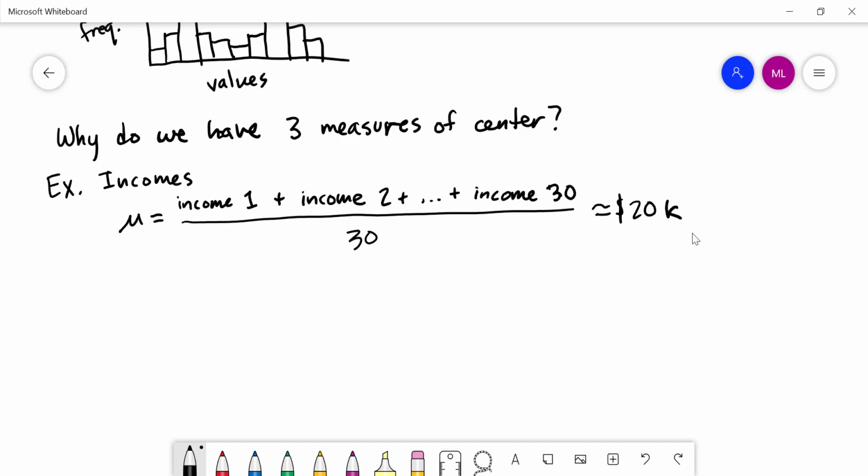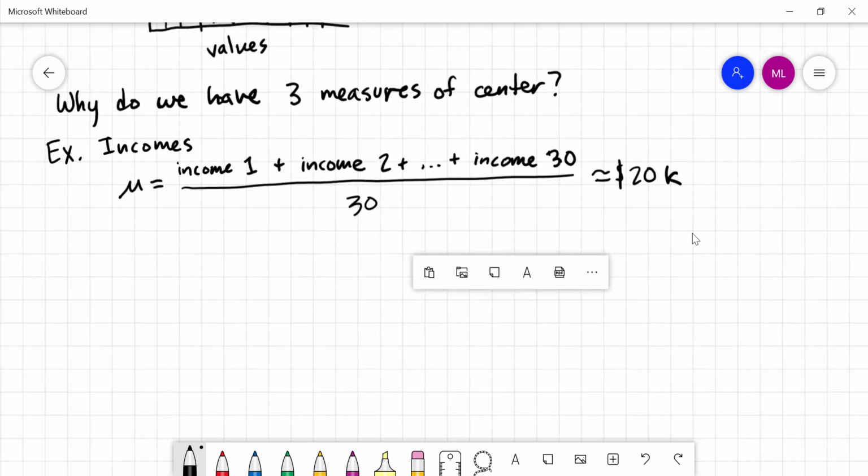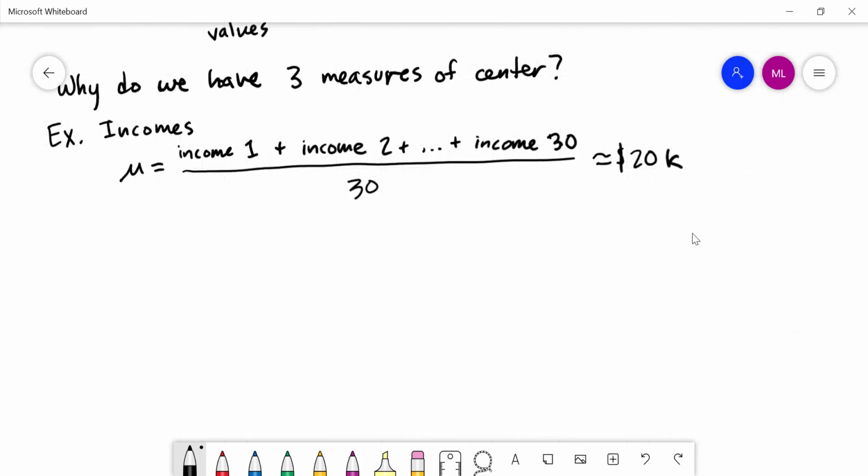And that's our average in this case. But what if we add in an extra student? Let's add in Jeff Bezos or a Bill Gates or somebody that's super, super rich.